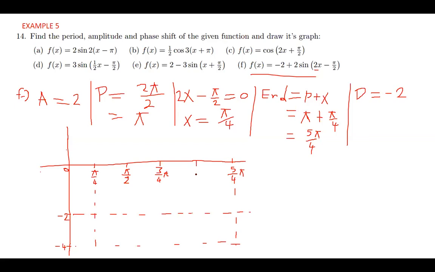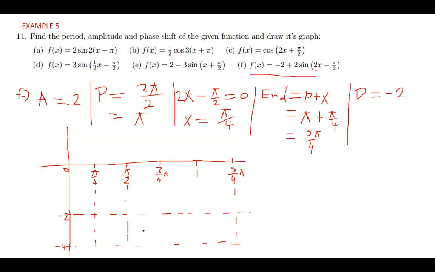And then pi plus another pi over 4, you get your answer to be 5 pi over 4. So when it gives you 5 pi over 4 as the last point here, in the process of adding, just know that you are correct. You are going to easily draw the graph without making mistakes.